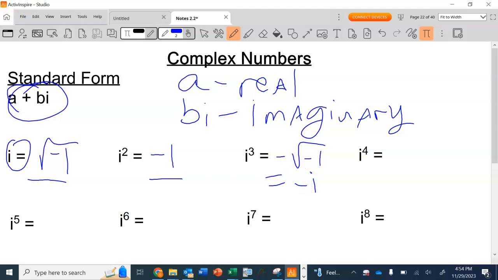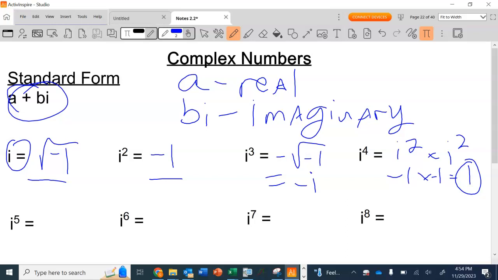And then i to the fourth is simply multiplying i squared by itself. So we would say i squared times i squared, which would be -1 times -1, which comes out to +1. What you'll notice as you go through the powers is that the pattern of the answers repeats itself.